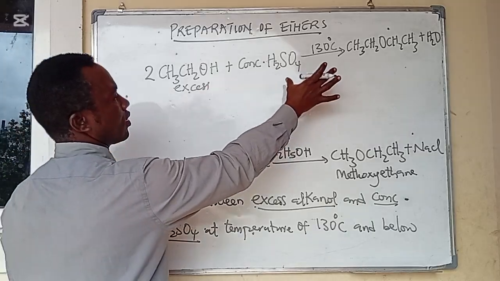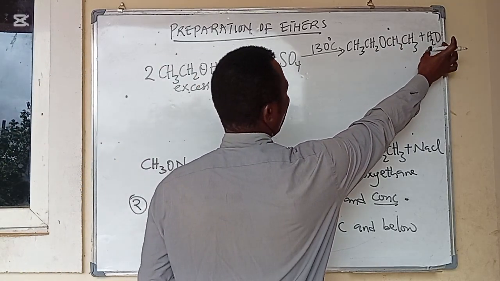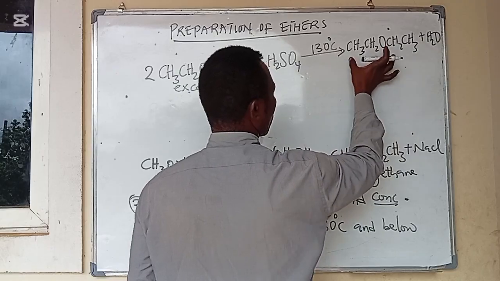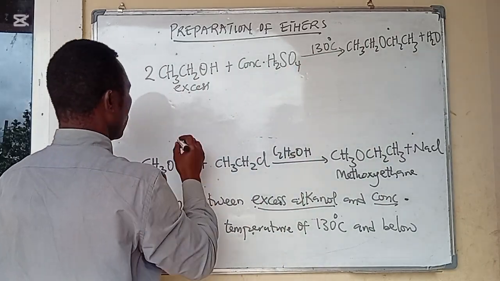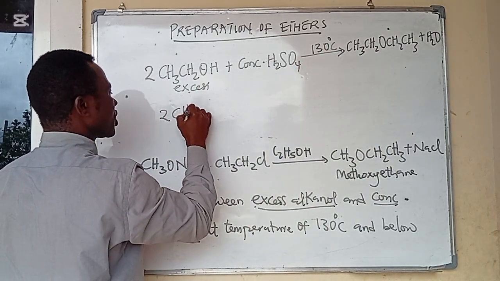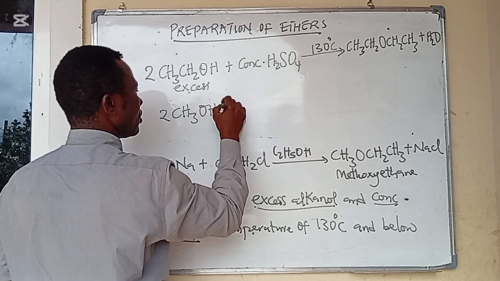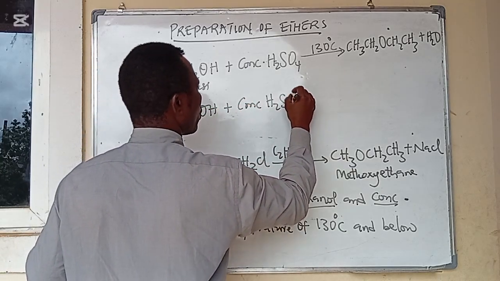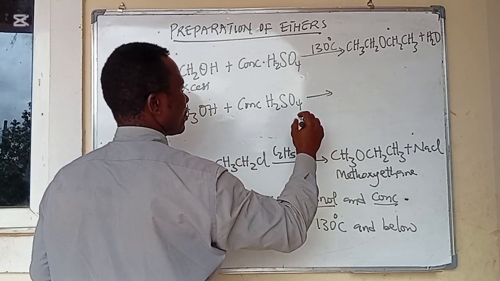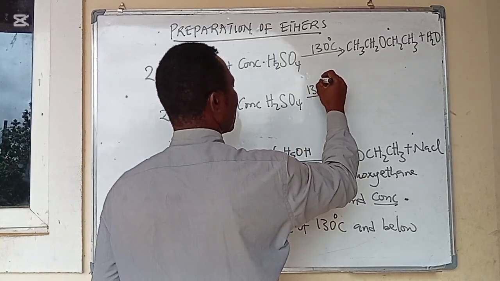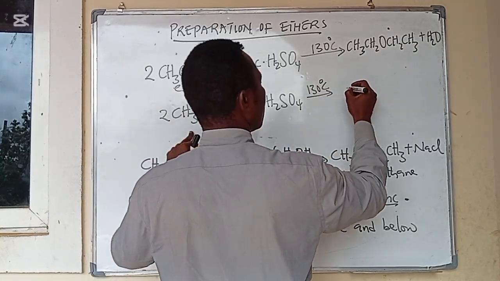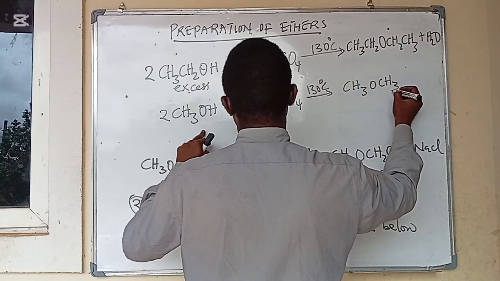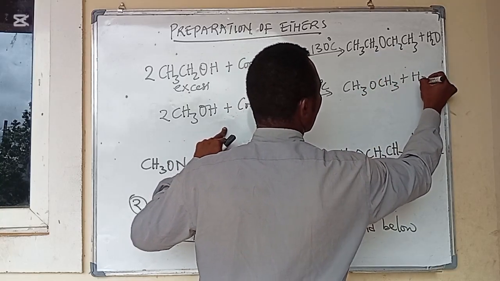So you have an ether and water. This is diethyl ether, which is ethoxyethane. So we can have 2 CH3OH reacting with conc H2SO4 at 130 degrees Celsius. We'll be having CH3OCH3 plus H2O.